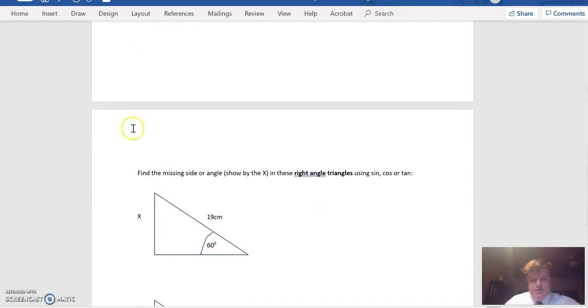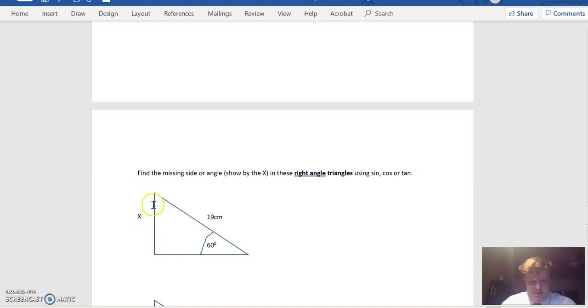Here, we're trying to find the missing side or angle shown by the x, and we're trying to work that out using sine, cos, or tan. Now, we have to work out which rule to use. So we know our angle here. We know x is the side opposite. This is the side adjacent, adjacent meaning it's next to the angle. Opposite meaning across from.